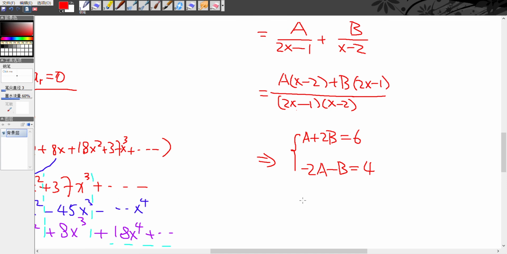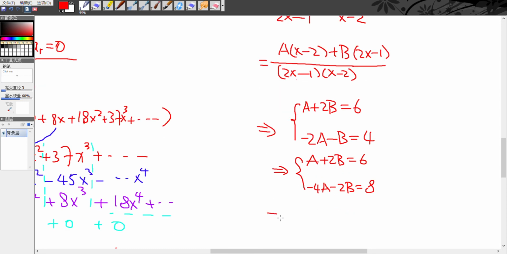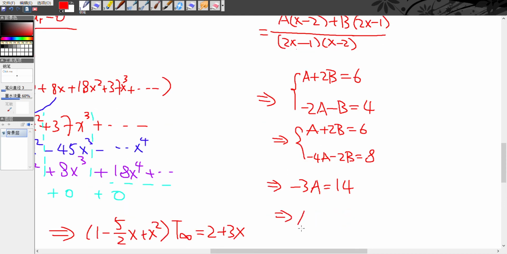Now, this is equivalent to A plus 2B equals 6, negative 4A minus 2B equals 8, and we add those two, it gives us negative 3A is equal to 14, and A is equal to negative 14 over 3.